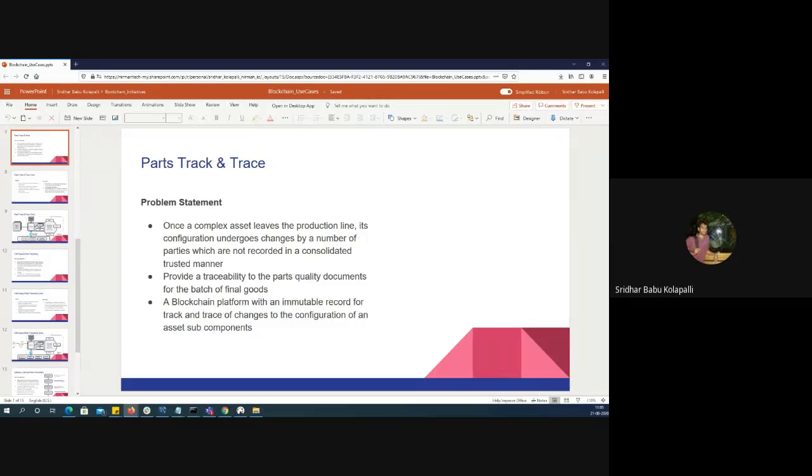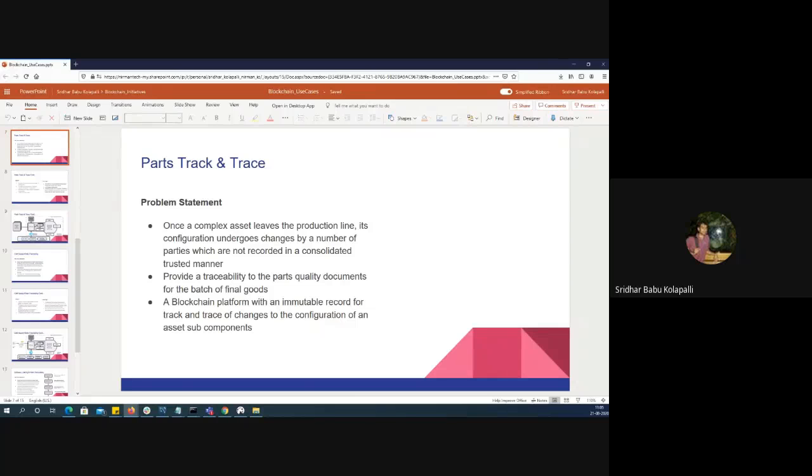If one particular part has an issue, since it is integrated into the engine, you need to recall all the cars where the turbo got inserted into the engine. It's not just one particular part. So the recall is very time consuming and a huge amount of loss for the manufacturer.